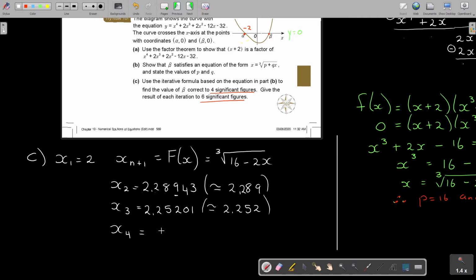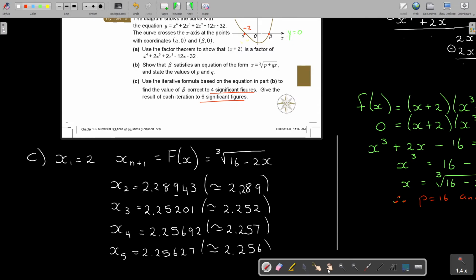And then I go for the next one. Press equals. So it's 2.25692, and if I approximate it, it's 2.257. Then I go for the next one. Press equals, and that's 2.25627, and if I approximate it, it's 2.256.